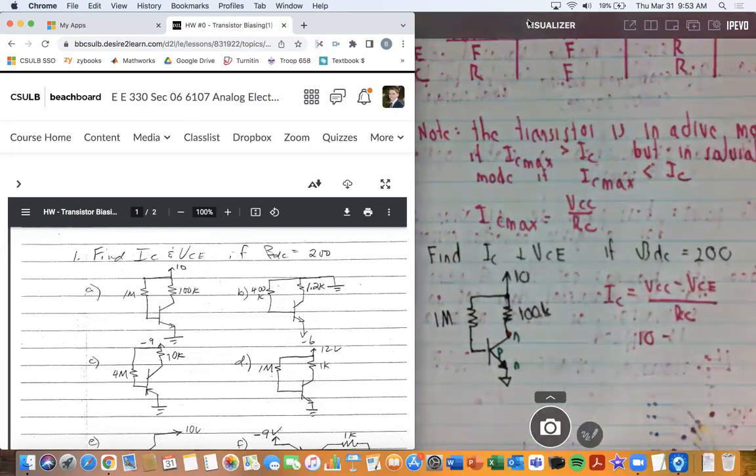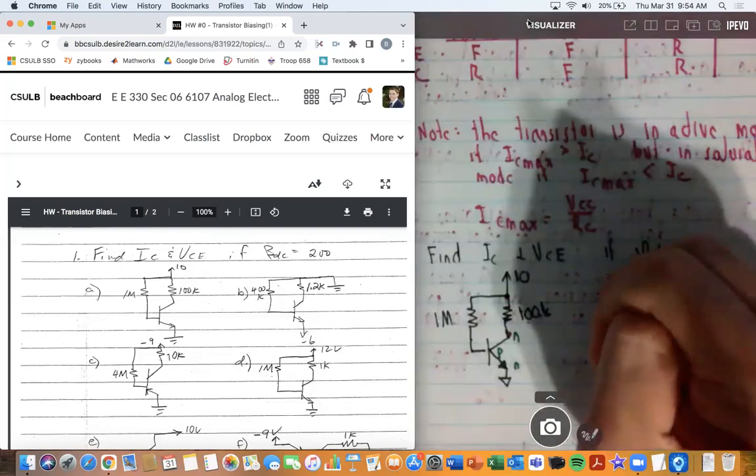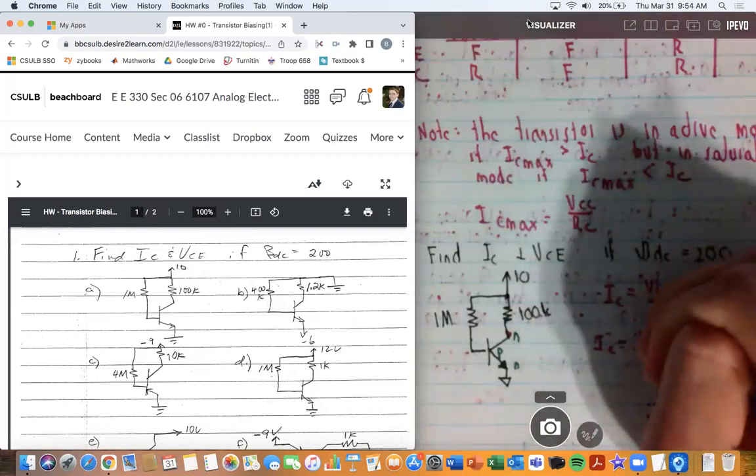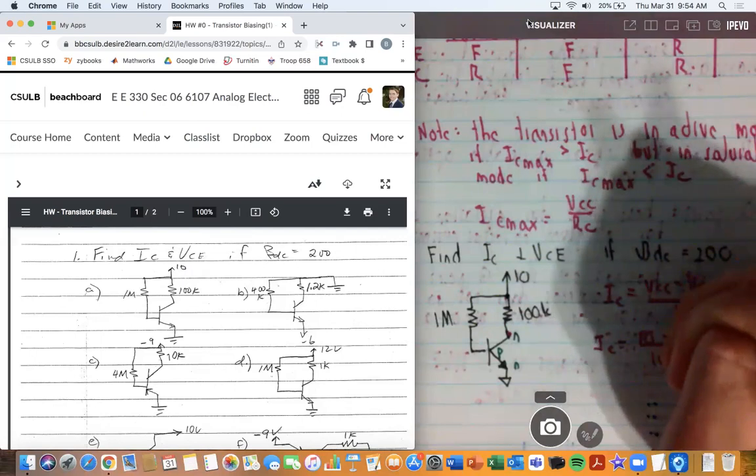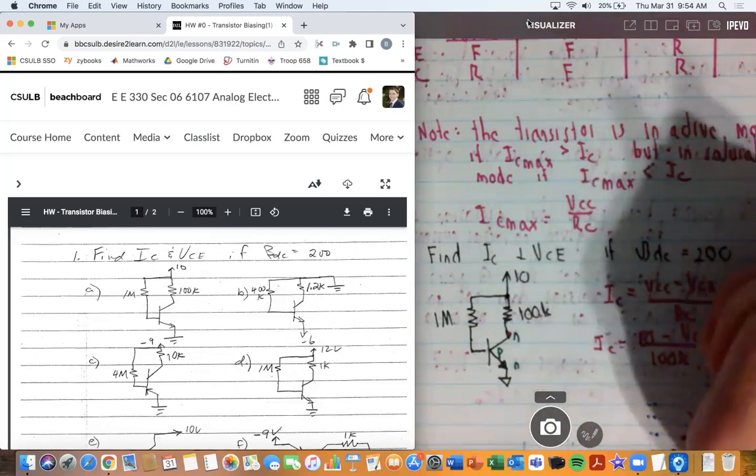What about the voltage between the collector and emitter? We don't know what that is, but can't we use a different technique to find the voltage between the collector and emitter? Because there's another relationship we know. So let me leave this here for now. We know the resistor collector is 100K, but we don't know what VCE is.